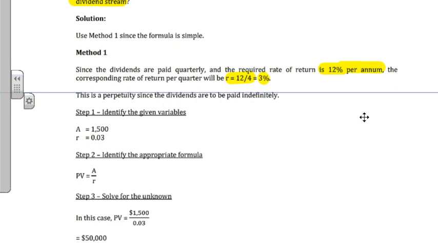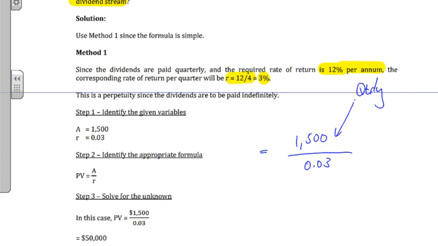The rate now is 3%, and the answer then, of course, guys, is how much would you pay to receive this income stream forever? The income stream numerator is $1,500. The interest rate now is 3% because I've adjusted it, because I receive the $1,500 quarterly, so I need a quarterly rate.